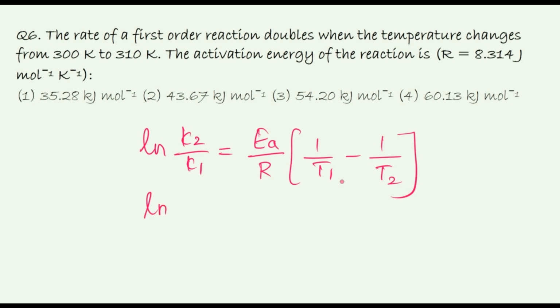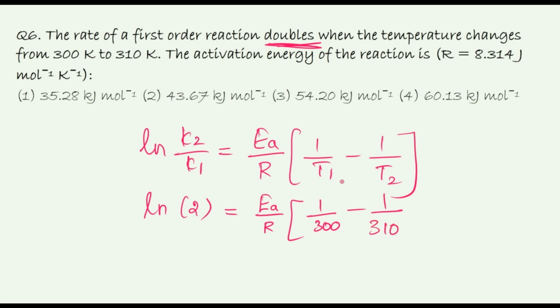So let's substitute the values. So ln, what they are saying, the rate of the reaction doubles. So overall, we are taking that as 2, equal to Ea by R. Just substitute the values. 1 by 300 minus 1 by 310.